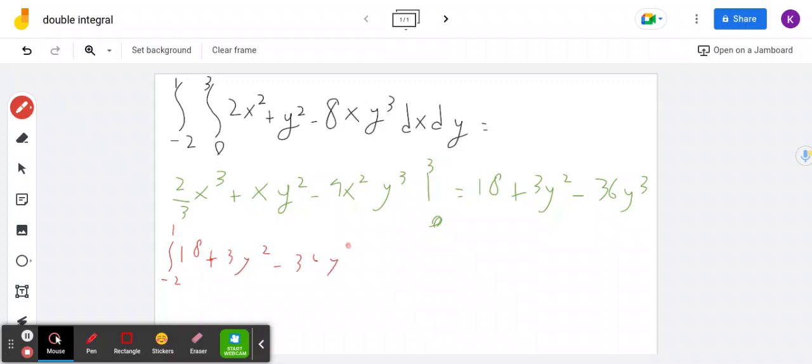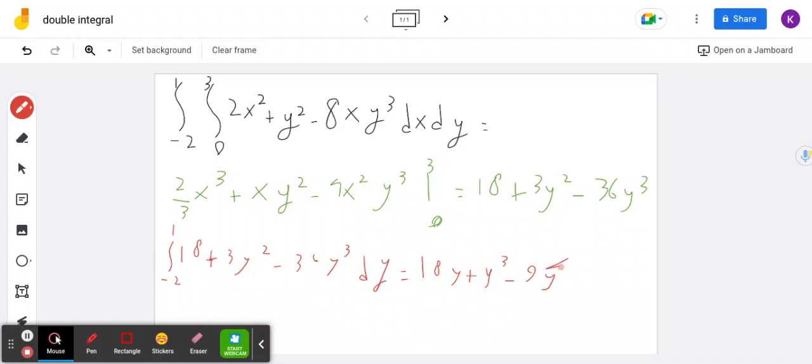And be sure to have the dy here so you don't confuse it with another variable. When we take the integral of 18, this is just a constant, so it becomes 18y, plus the integral of 3y squared, which by the power rule is y cubed, and then -36y cubed becomes -9y to the power of 4.